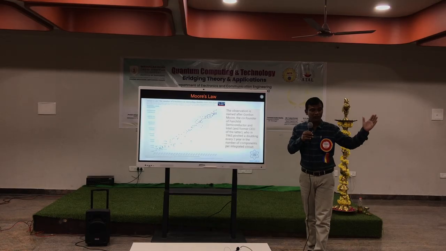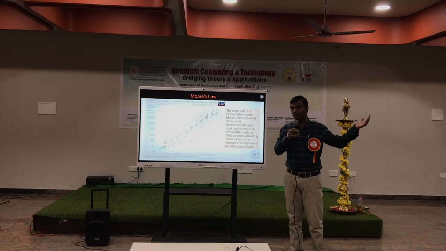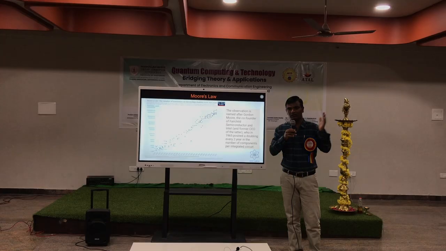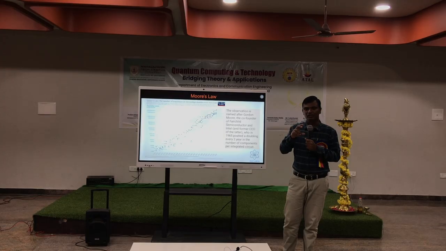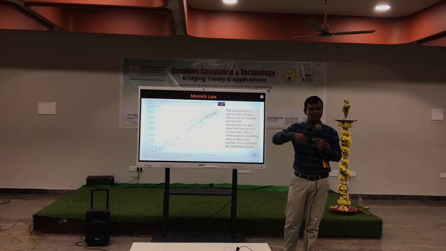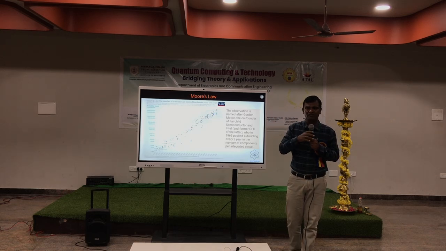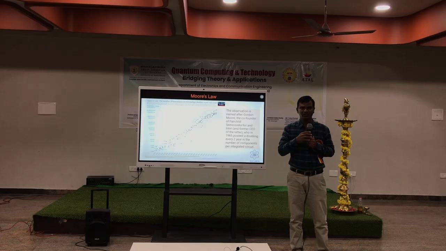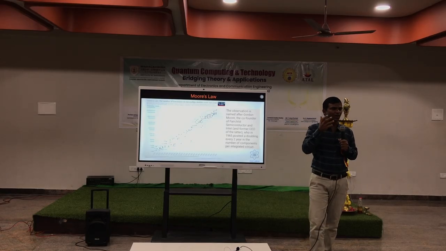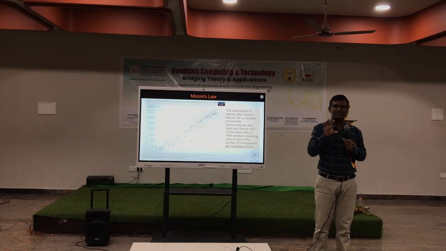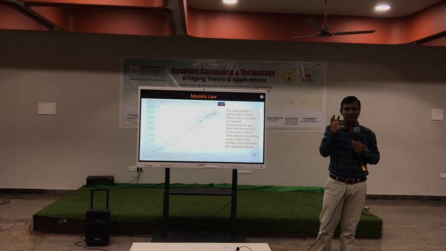Once you convert the picture from pixels into binary representation, then by applying several algorithms you can morph the picture. You can either enhance or shrink the picture, you can rotate it, or if there is any unwanted noise, that means blurring, you can remove that blurring.